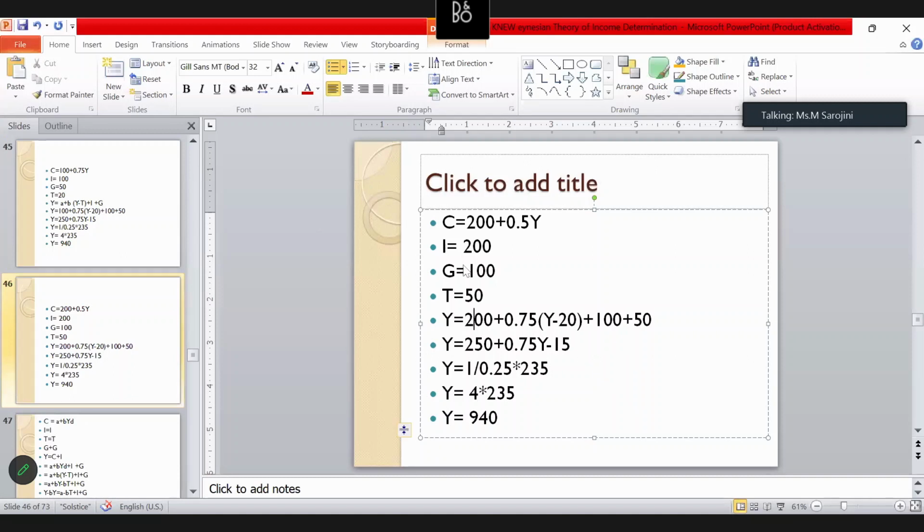C is 200 plus 0.5 times (Y minus 50), I is equal to 200 and G is equal to 100.